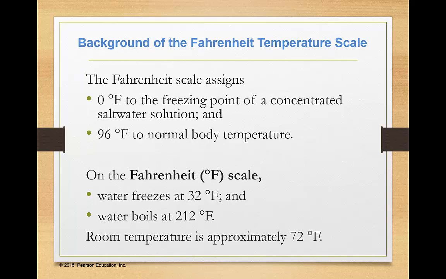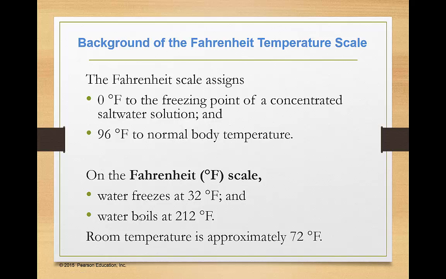All right, so there are 3 temperature scales that you will see on a common basis. The one most people in the United States are most familiar with is the Fahrenheit temperature scale. And this is an arbitrary scale. It was designated that 32 degrees Fahrenheit would represent the freezing point of pure water, and that 212 degrees Fahrenheit would indicate the boiling point of pure water.